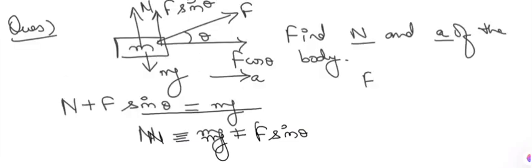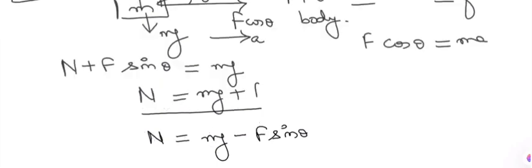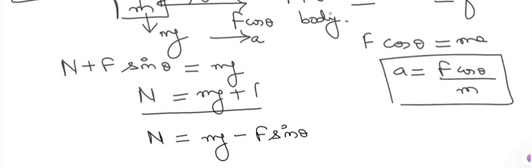So what it will be, it will be somewhere like this, that your F cos theta is equal to ma. Correct? Yes, ma'am. Okay, so therefore my acceleration will be F cos theta over m. Making sense, Akshita? Yes, ma'am.